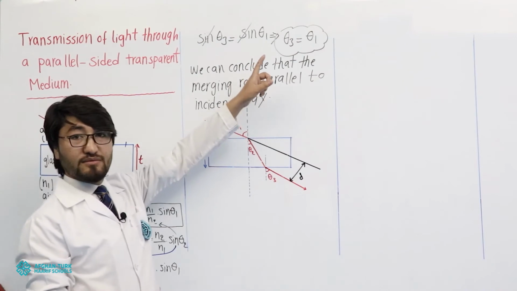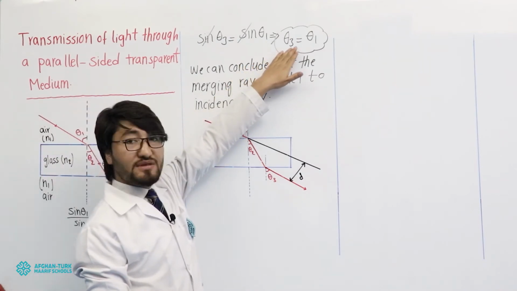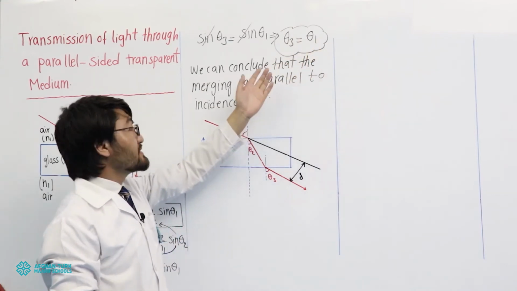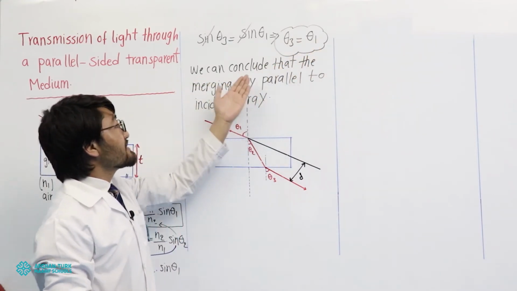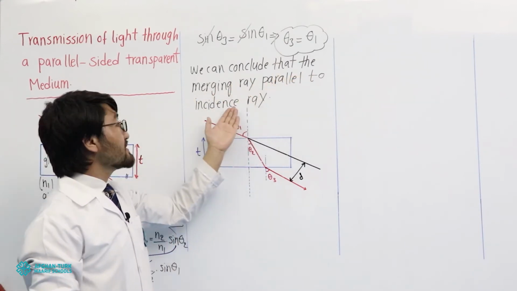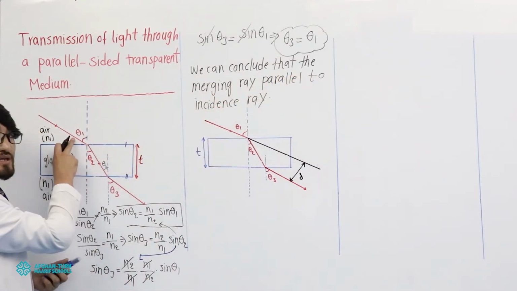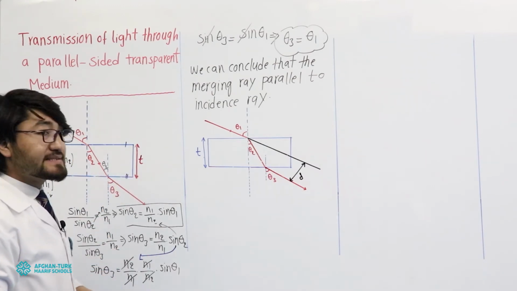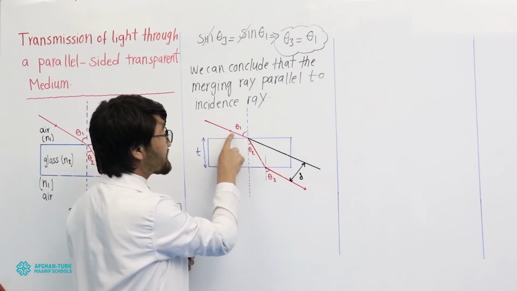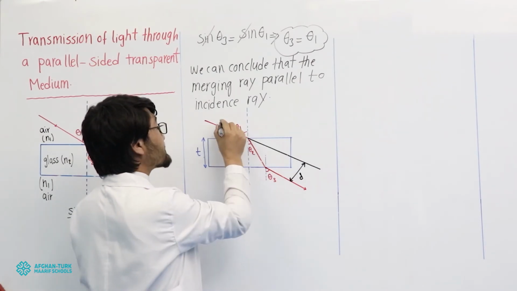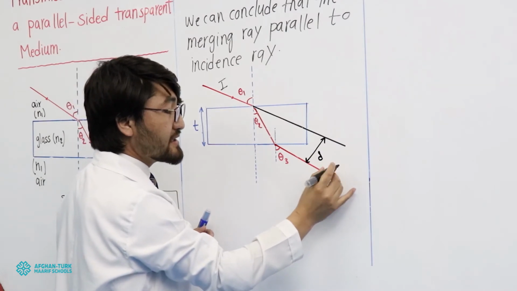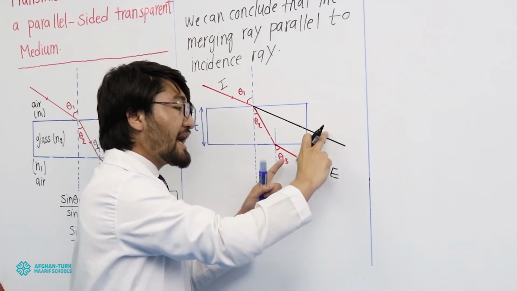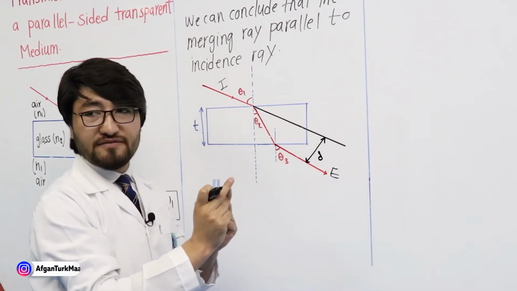This is very important. I proved that theta 3 is equal to theta 1. The emergent angle is equal to the incident angle. So we can conclude that the emergent ray is parallel to the incident ray. You see, the incident ray and the emerging ray are parallel. But you see the figure, here we have an amount of shift.